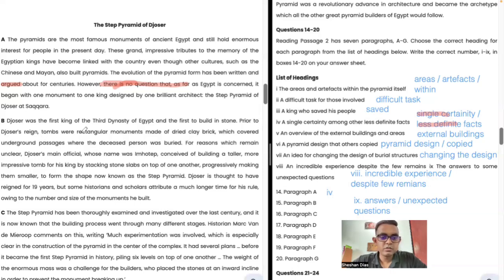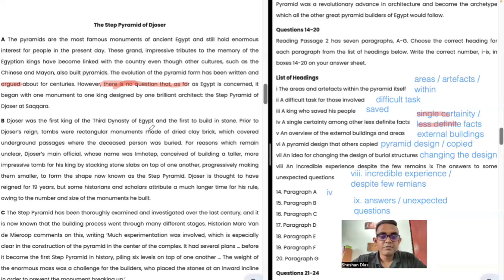Prior to Joseph's reign, tombs were rectangular monuments made of dried clay brick which covered underground passages where the deceased person was buried. For reasons which remain unclear, Joseph's main official, whose name was Imhotep, conceived of building a taller, more impressive tomb for his king by stacking stone slabs on top of each other. So this is very clear to us. What has happened?